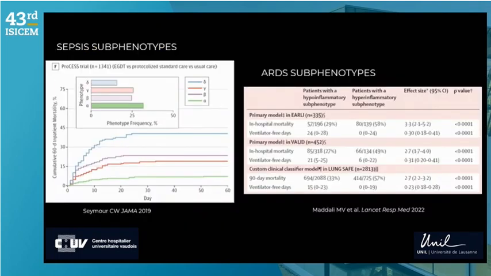Additional examples of the use of machine learning come from one of the moderators, Christopher Seymour: his study on sepsis subphenotypes using unsupervised learning to identify 4 types of phenotypes, which then responded differently to volume resuscitation, and more recently the ARDS subphenotypes.